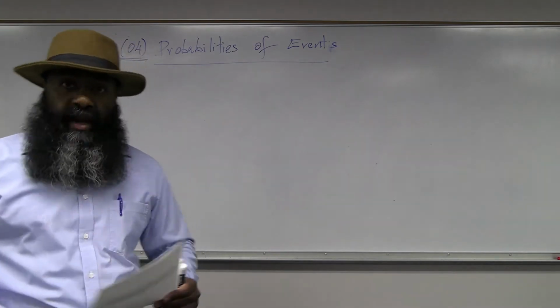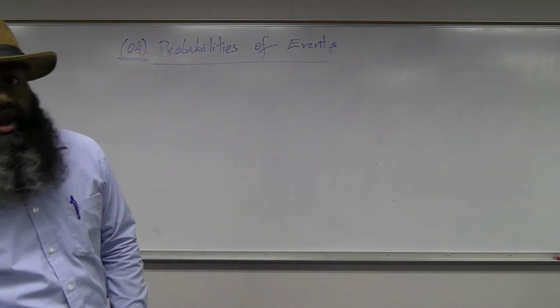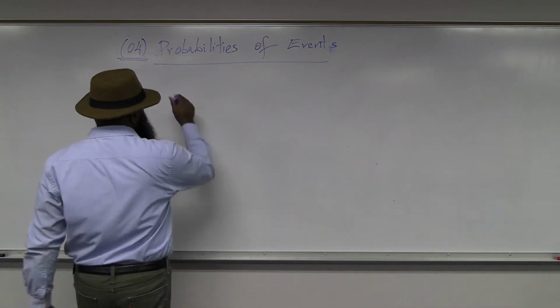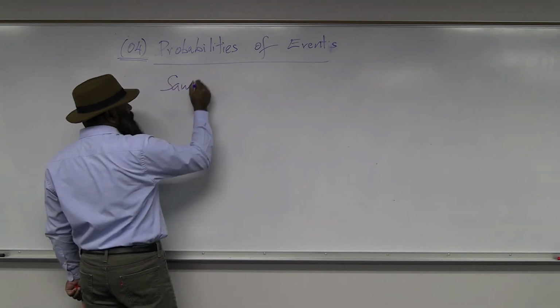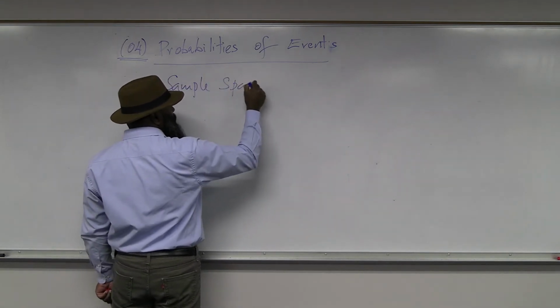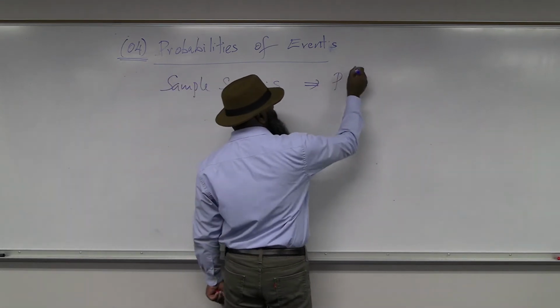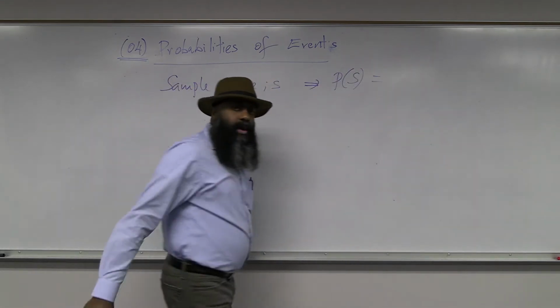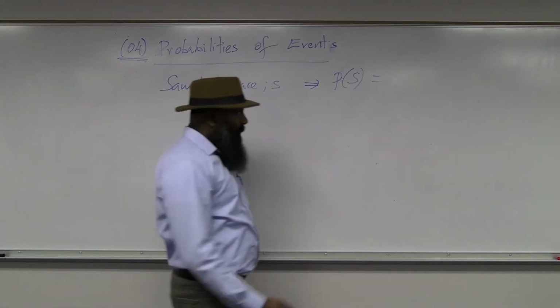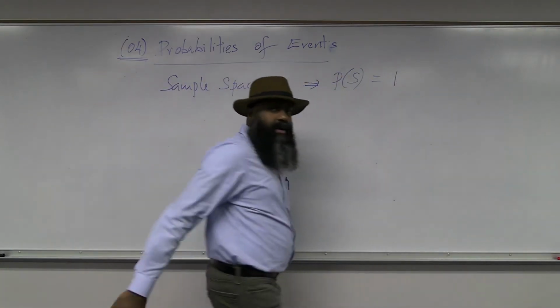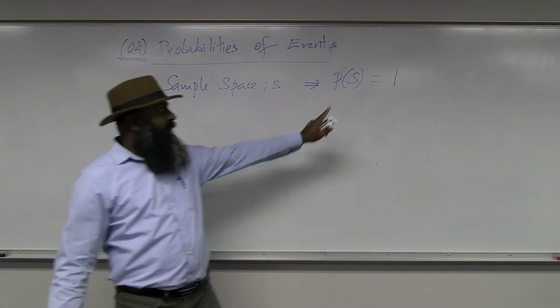All right, we said sample space itself is also an event. So the sample space has a probability of 1. So the probability of the sample space is taken as 1 always. Please remember that, that's very important.